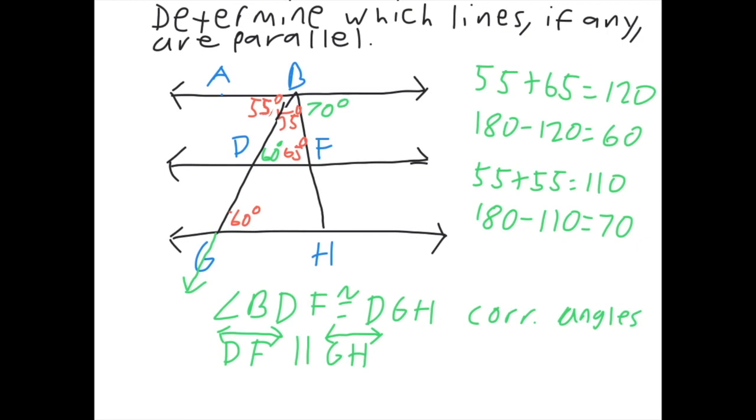So these two are alternate interior angles. So if they're alternate interior angles and these two lines were parallel, then these should be congruent. However, this angle is 65 and this is 70. So that means they're not congruent. So that means these two lines are not parallel. So AB and DF are not parallel to each other. So to answer this question, the only two lines that are parallel are DF and GH.